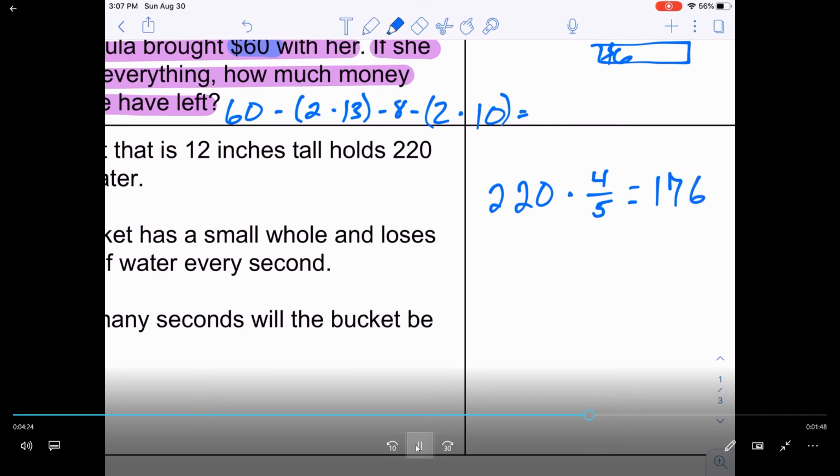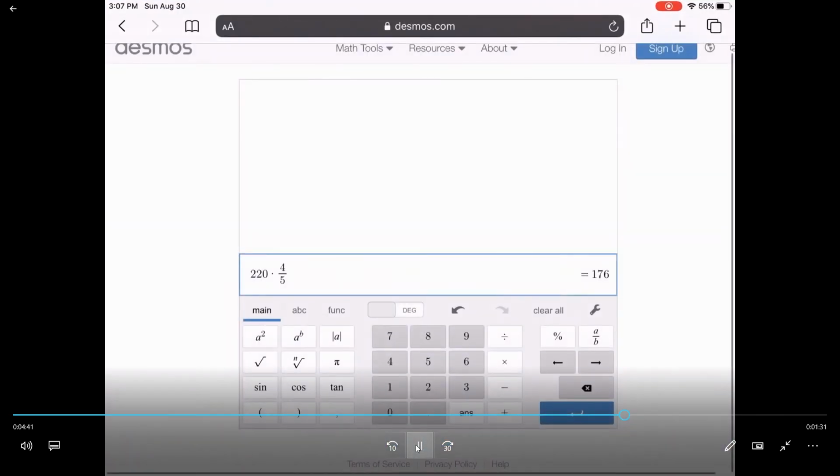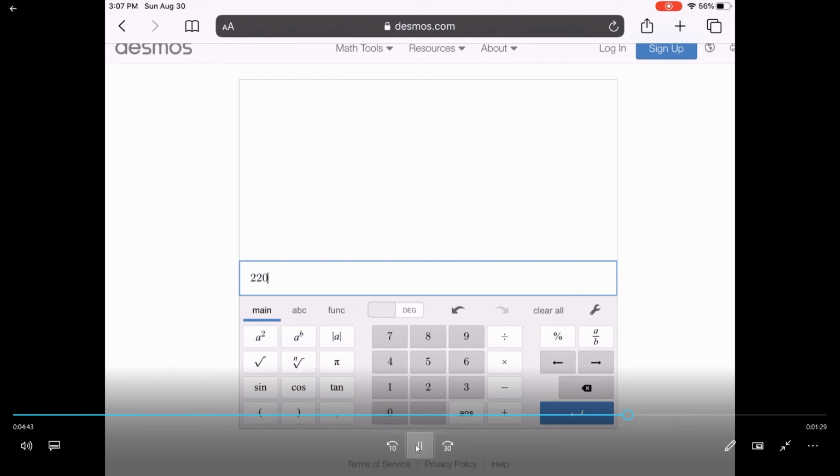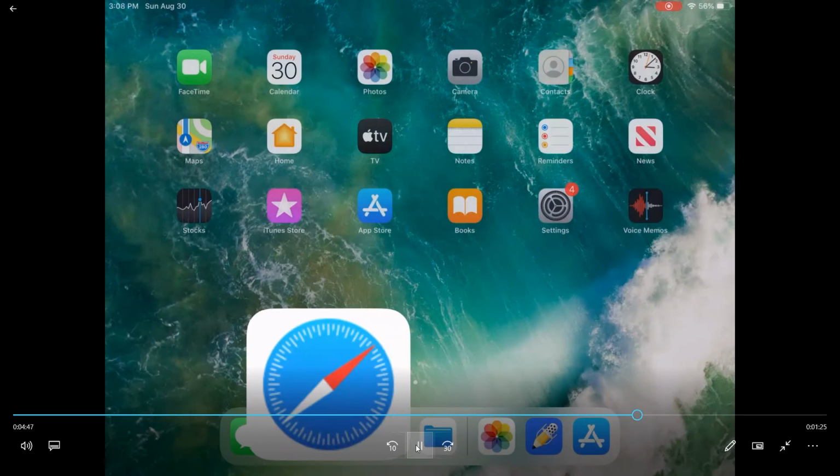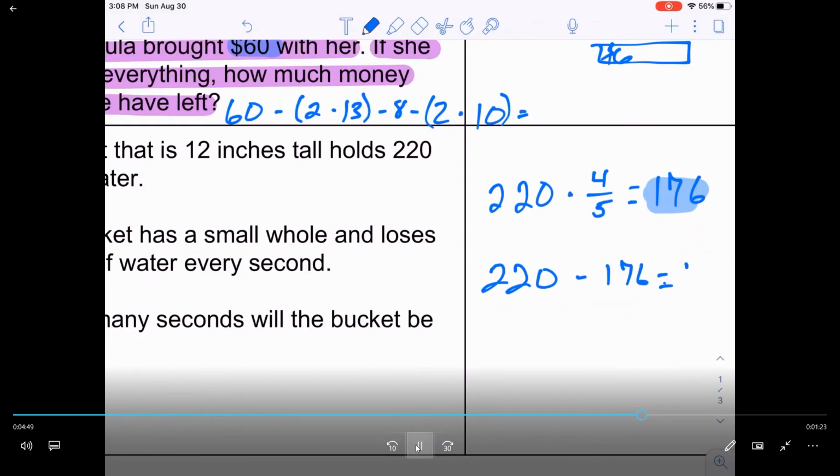And so now that I know how much water's left in the bucket, I can figure out how much drained out. So then the next part would be to do 220 minus 176. That, I'm going to do in the calculator too. 220 minus 176 equals 44. So it lost 44 ounces.